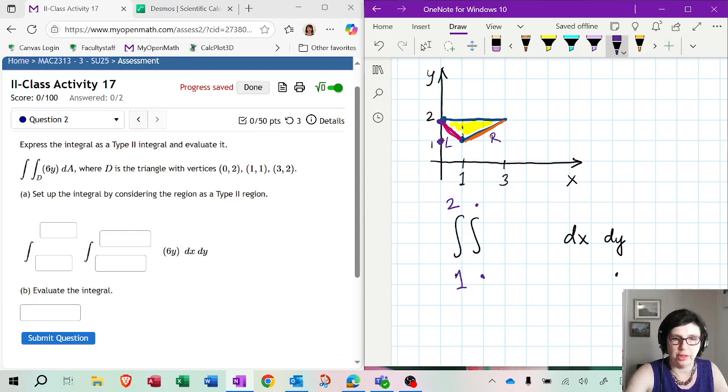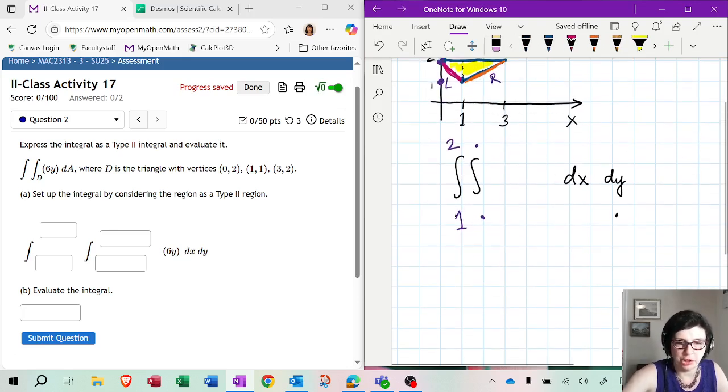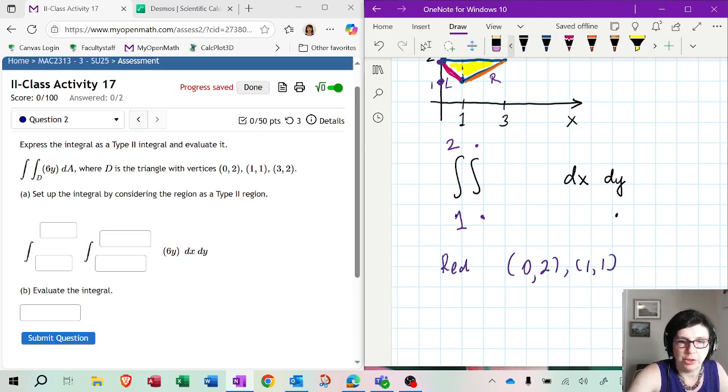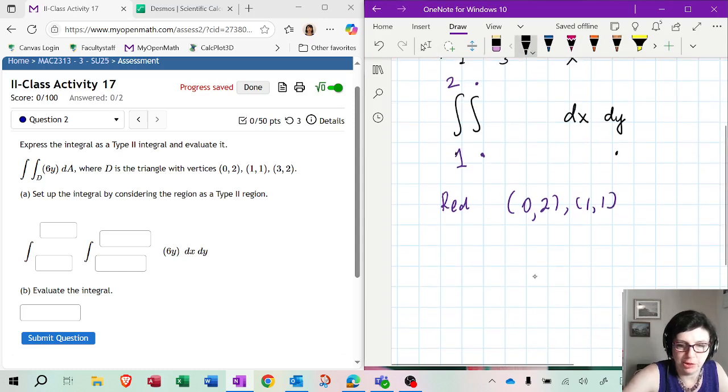So you're going to need to write down an equation of a line, first let's do the red line. It goes through the points 0, 2, and 1, 1. Let's find the slope. Remember, the slope formula is y2 minus y1 divided by x2 minus x1.